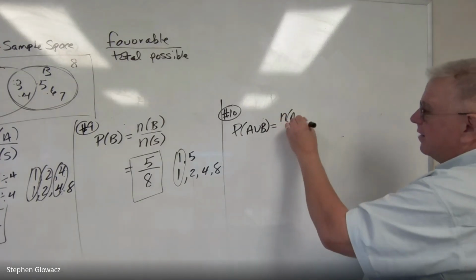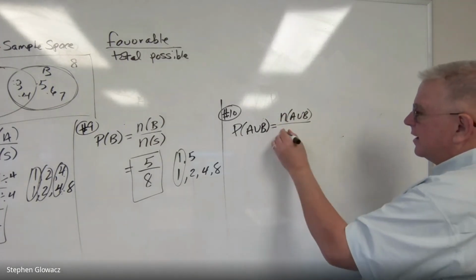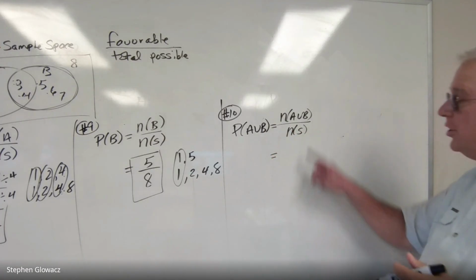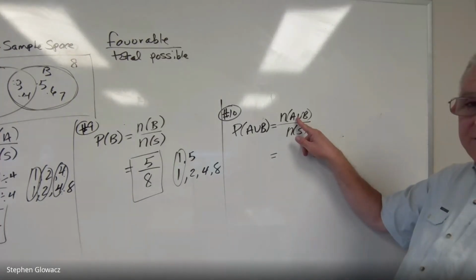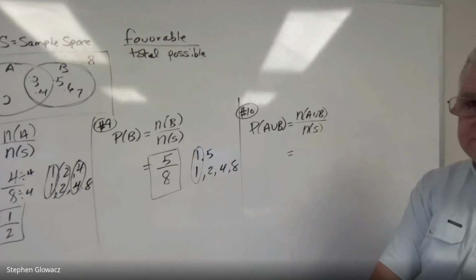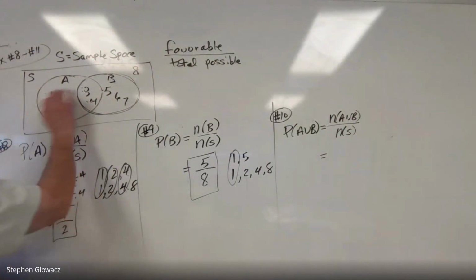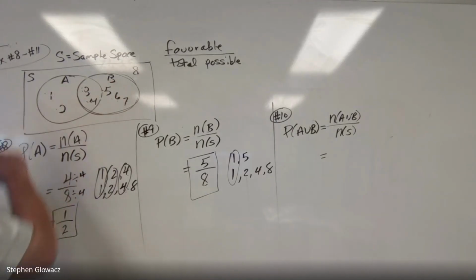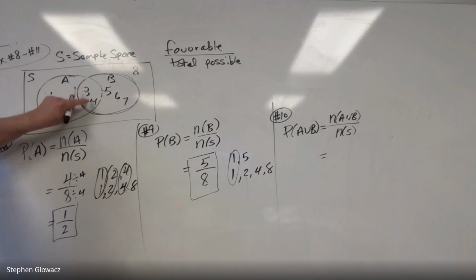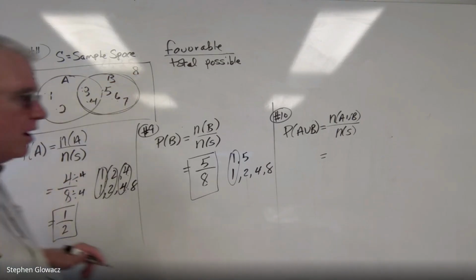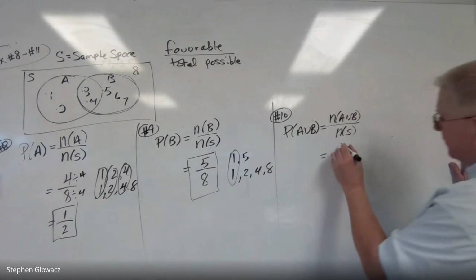It's the number of elements in the union of A and B over the number in the sample space. Remember, union means we take everything that's in either set. So let's go back way over here. What's everything in either set? Well, 1, 2, 3, 4, 5, 6, 7 numbers. Everything's in the union except 8. So 7 of the numbers are in the union of A and B.